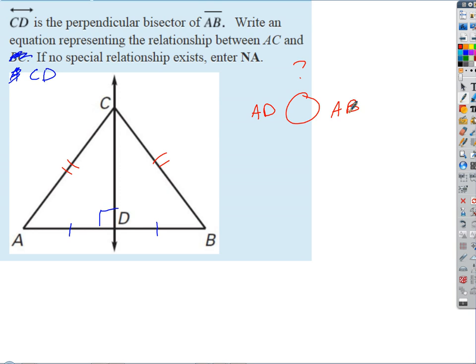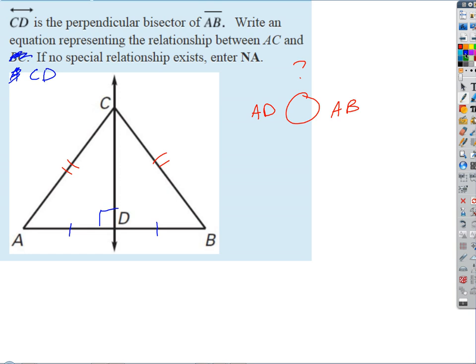AB, or is it NA? Anybody think of anything? AB is the whole segment, right? And look, we know that D is the bisector. So what do you know about the length of AD compared to the length of the whole thing? It's half.